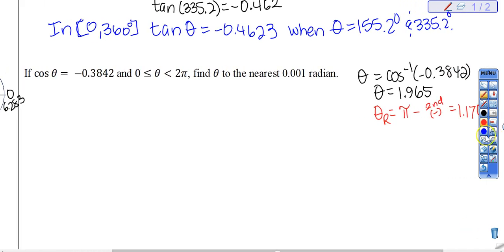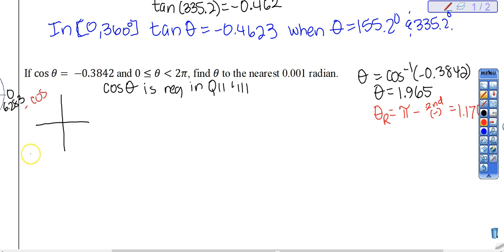So I'm going to come over here. I'm going to draw my graph, or my coordinate plane, and I'm going to think that cosine of theta is negative in quadrants 2 and 3. Right? So negative cosine here, negative cosine here.